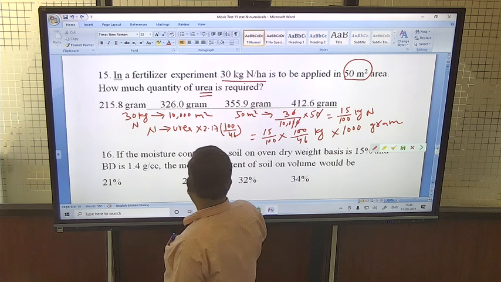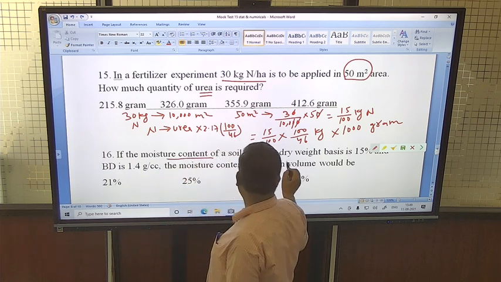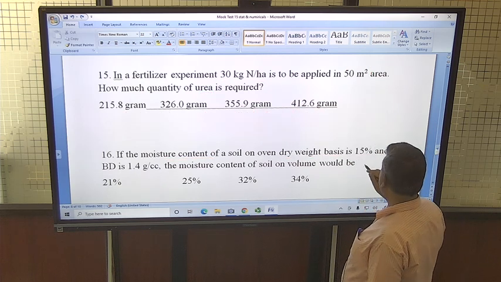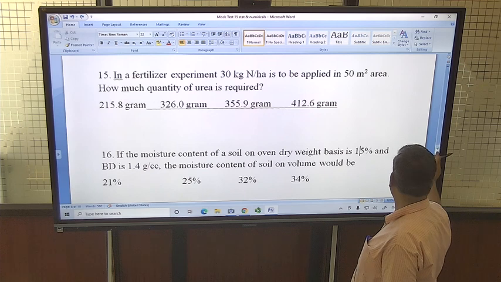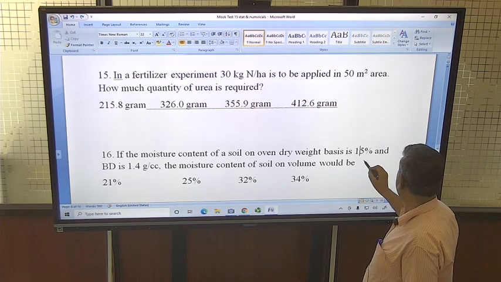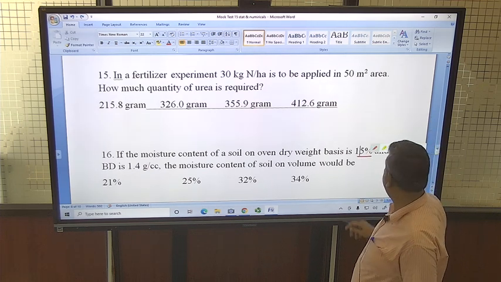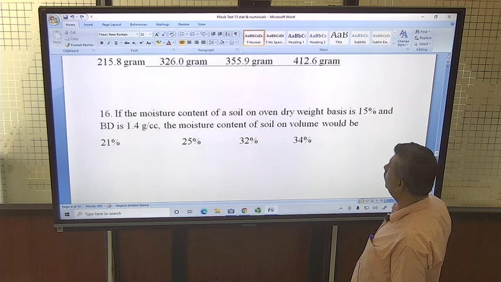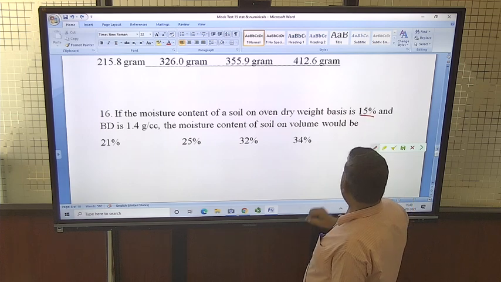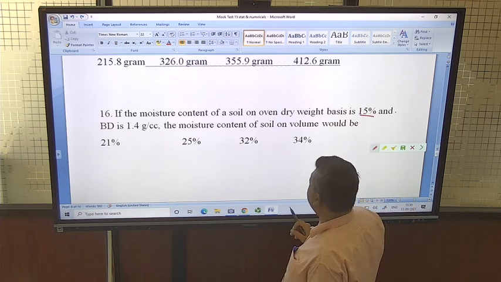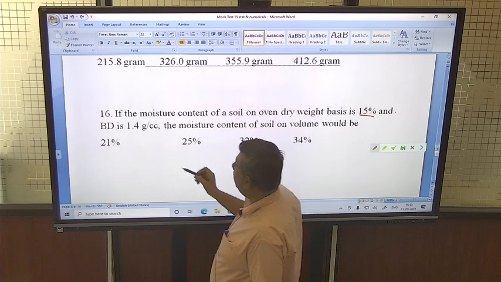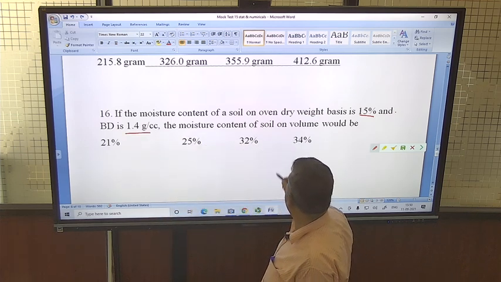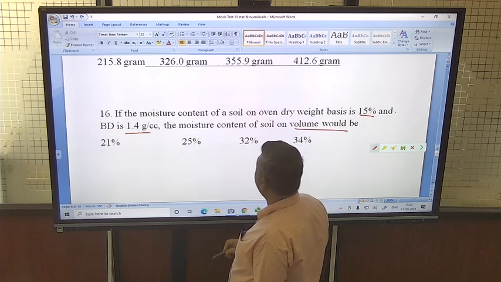Then if moisture content of a soil on oven dry weight basis is 15%, and bulk density is 1.4 gram per cubic centimeter, then moisture content on volume basis.